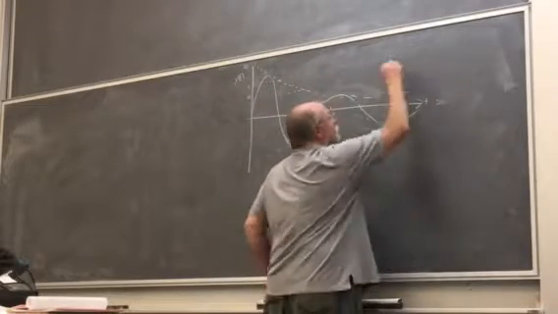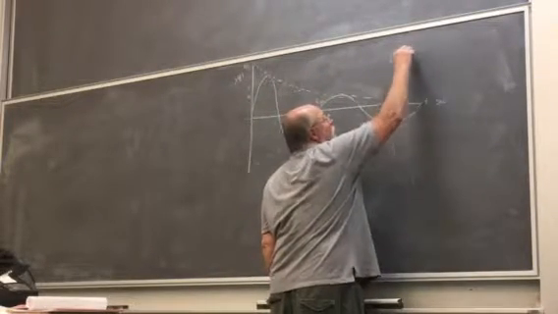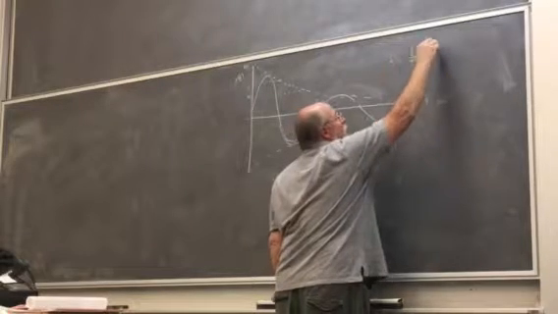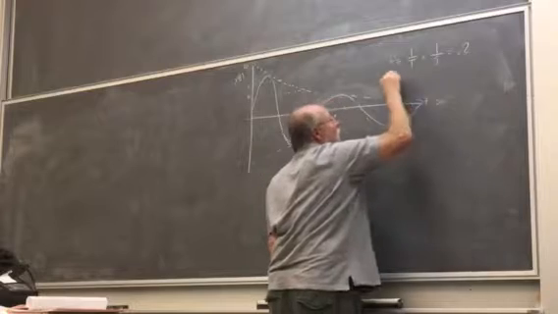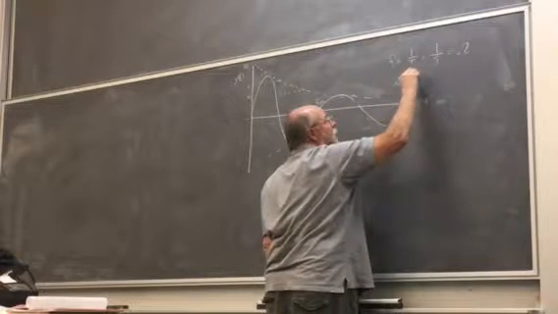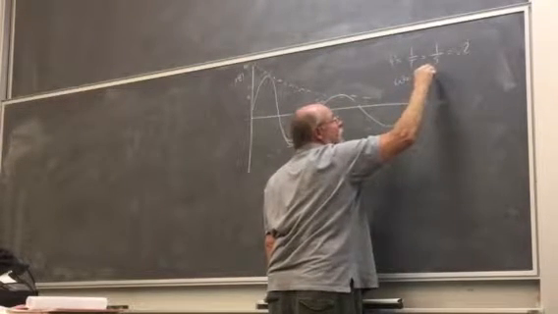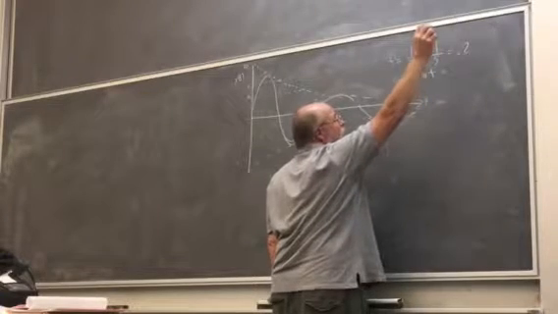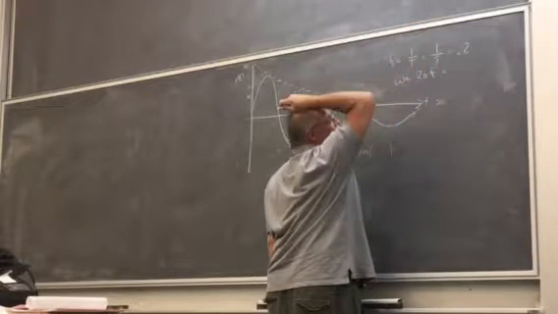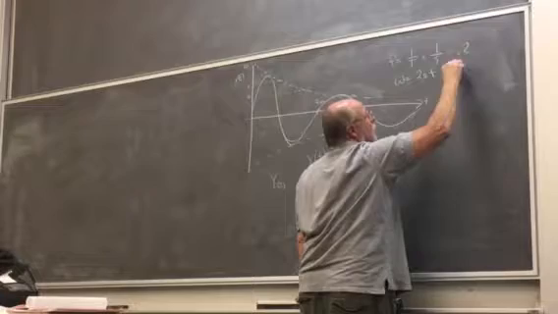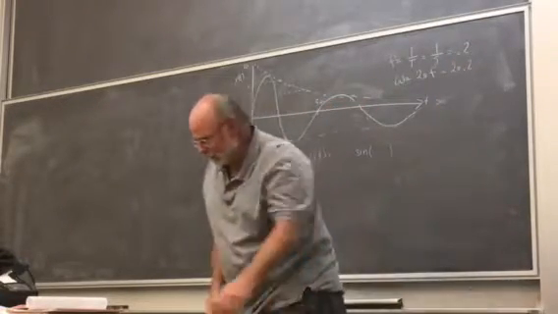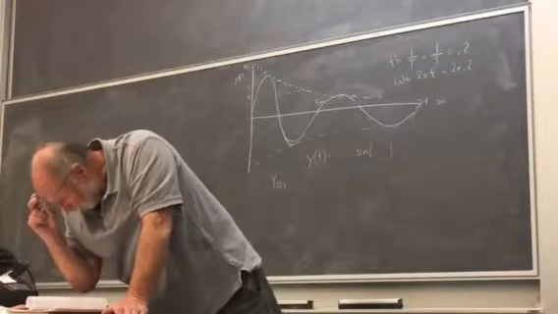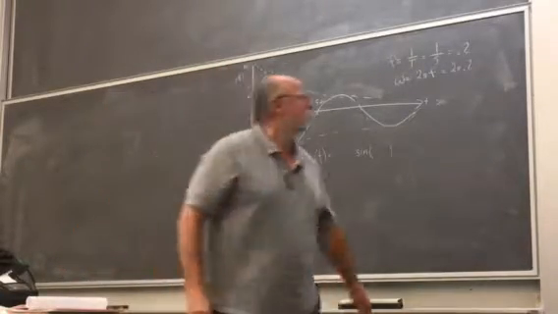F is equal to? 2 pi. Omega is equal to? 2 pi f. That's 1.26.